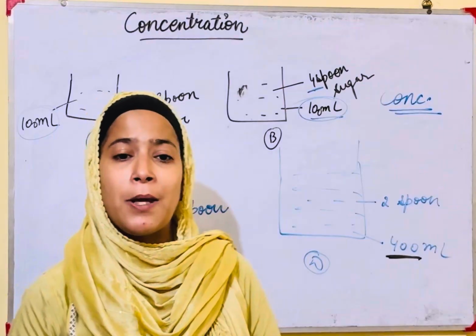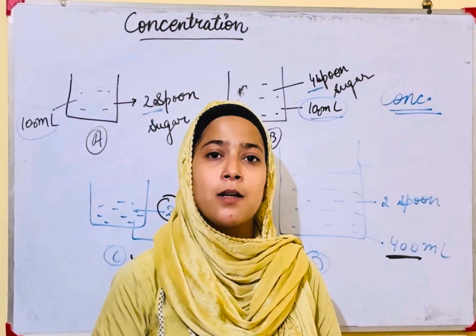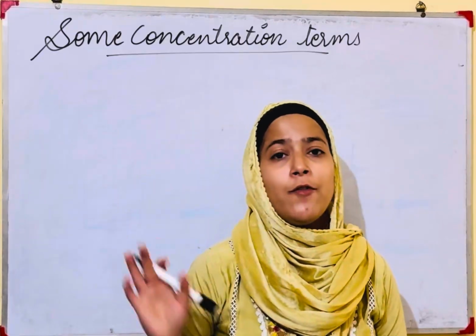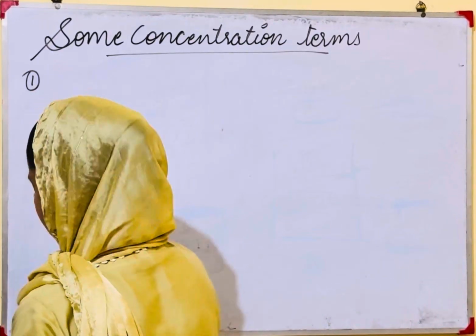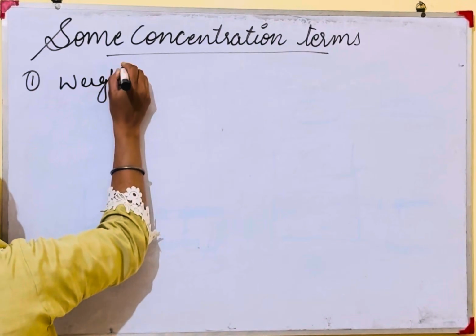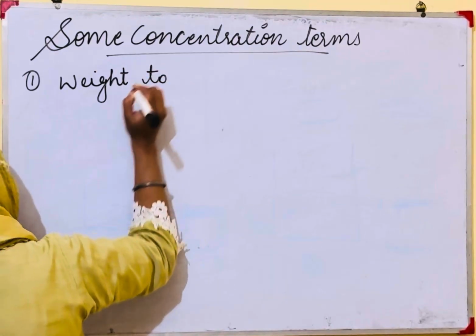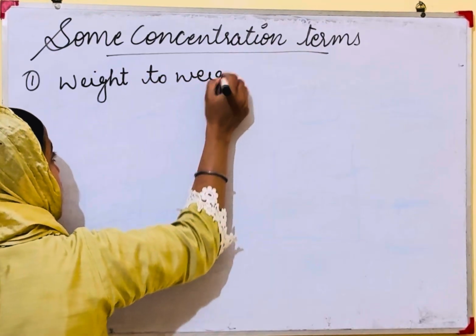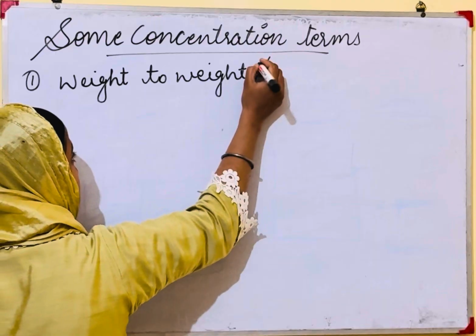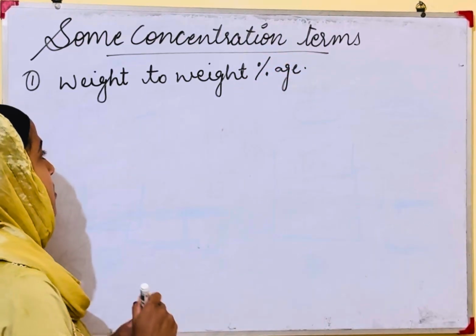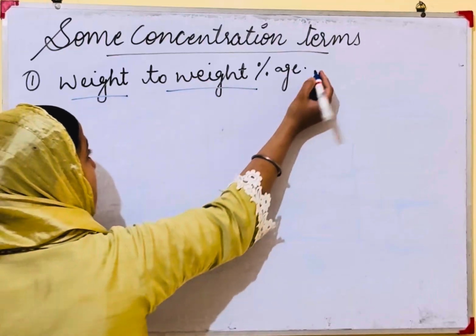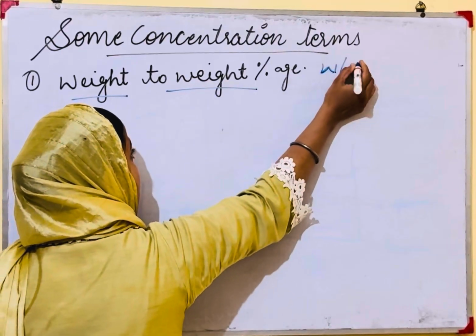Now another topic is how to represent these concentration terms. Now we will discuss some concentration terms. First one is weight to weight, weight to weight percentage. This means weight divided by weight.